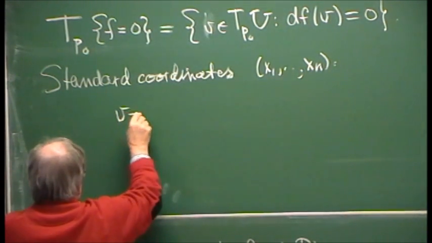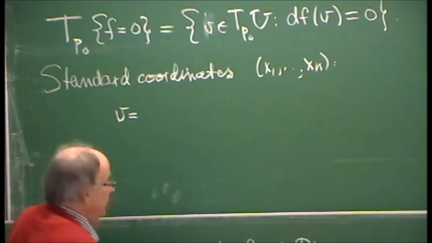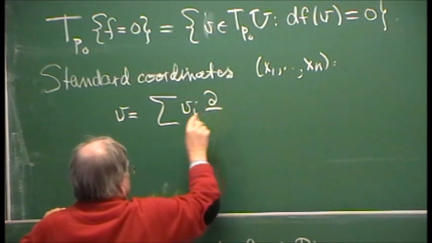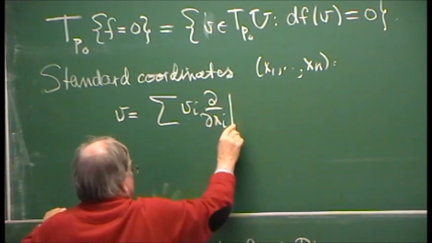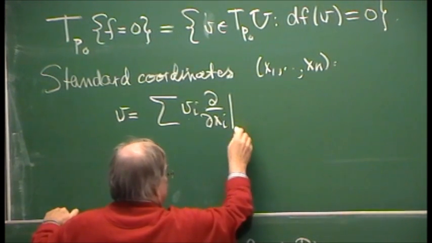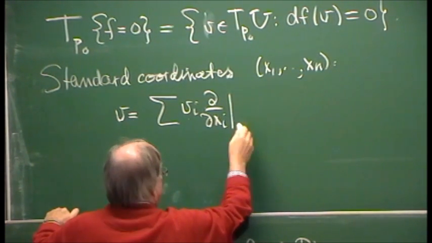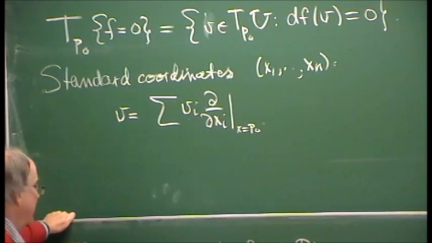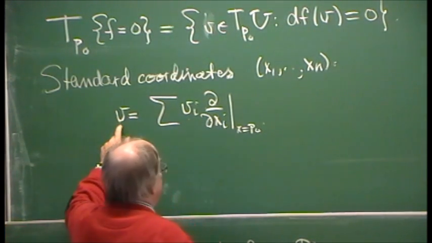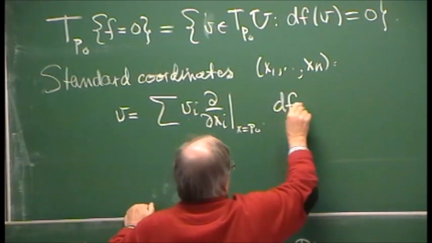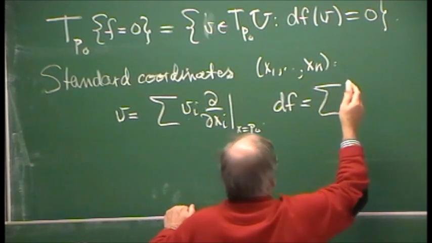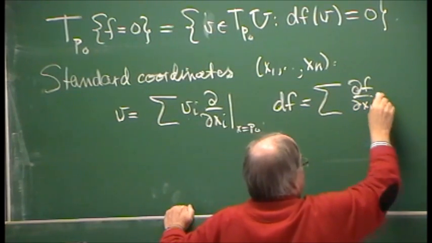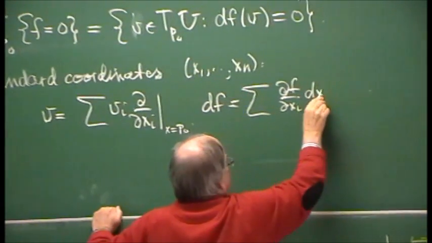And the velocity vector in standard coordinates is some v, constants, at x equals p0. That's a velocity vector, and what is df? It is the partial of f with respect to xi, dxi, evaluated at the point.